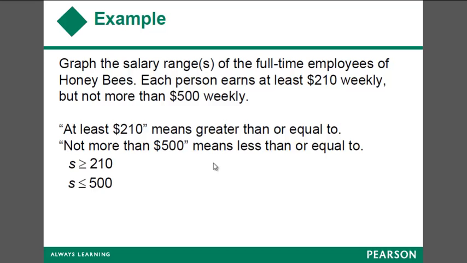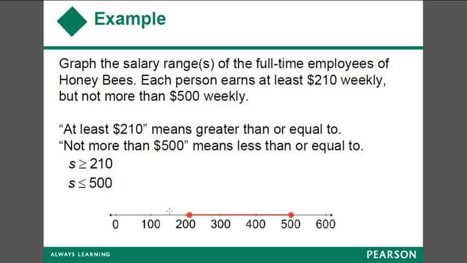So we set up those two inequalities. Our salary is greater than or equal to $210, but it is less than or equal to $500. Notice they both have the equal to portions. So when we graph it, we're going to have closed circles at 210 and at 500, and then shade in between.